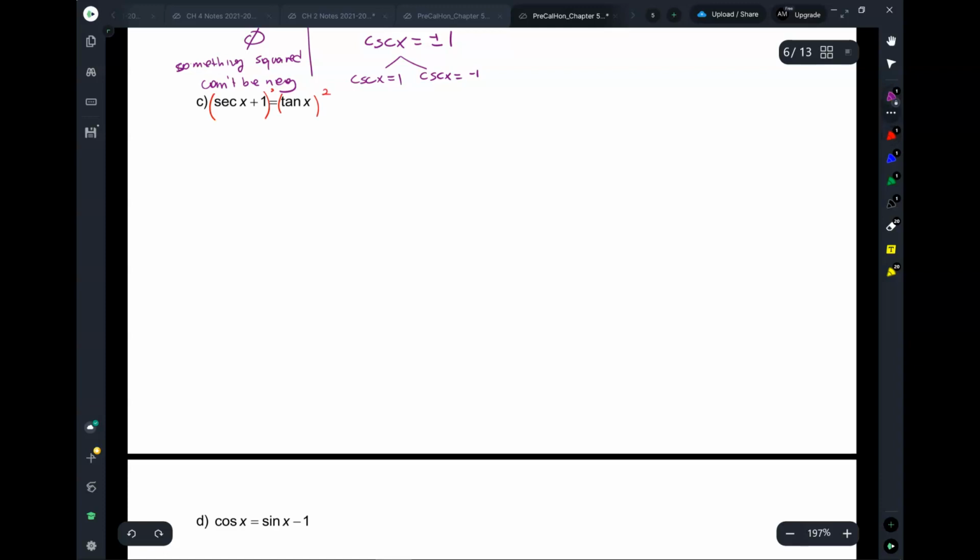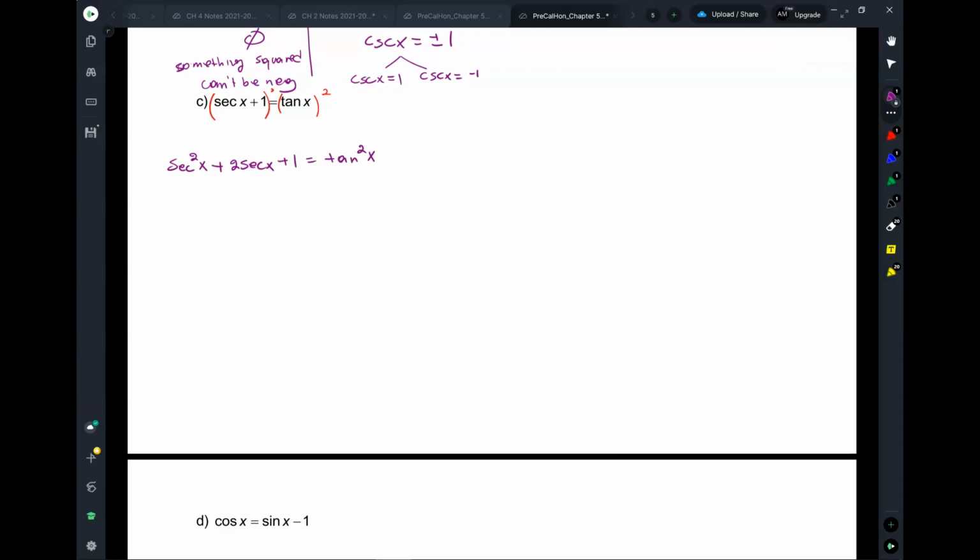Okay? So when you square both sides, here you get secant squared x plus the middle term, 2 times 1 times secant x, right? Plus 1 equal to tangent squared x.